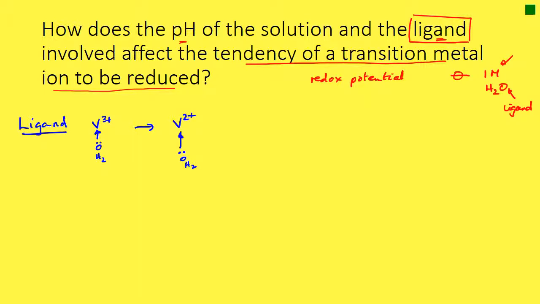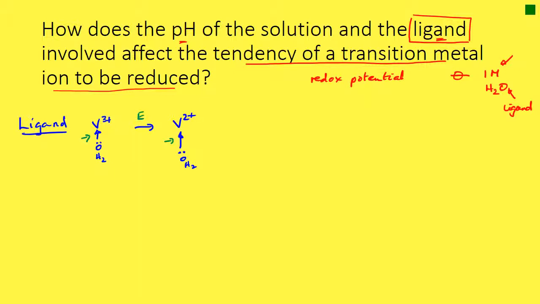So these bonds here are going to be broken, and these bonds here are going to be formed, and that affects the electrode potential of this reaction here.